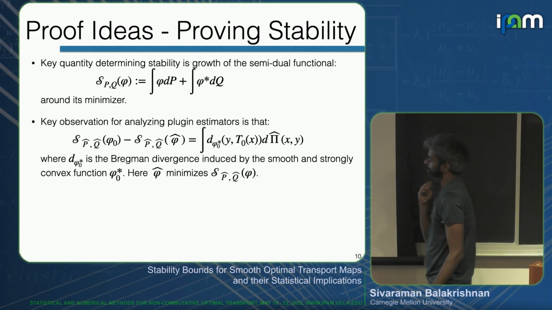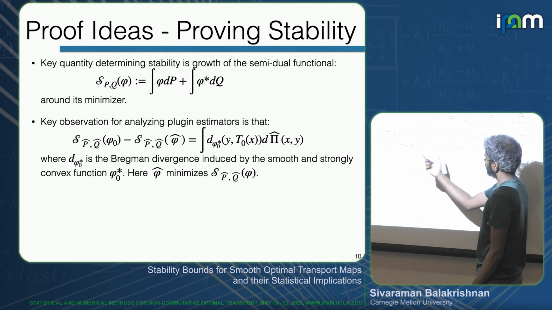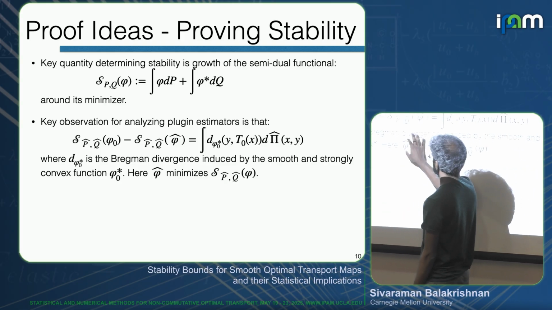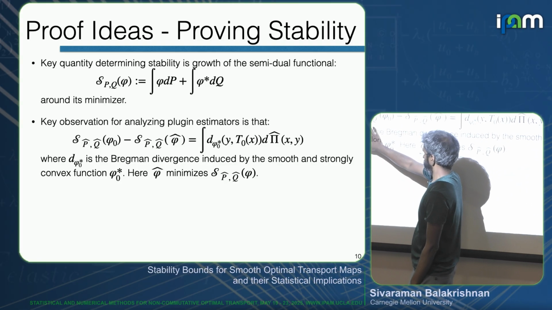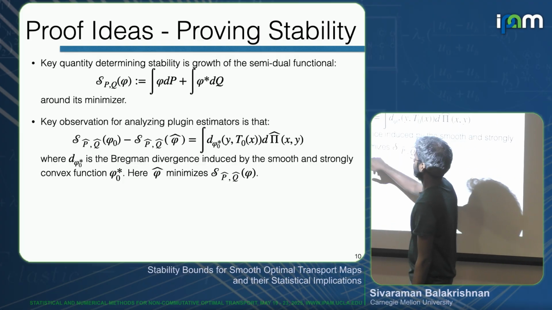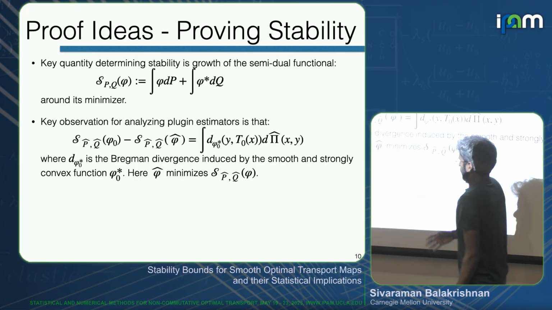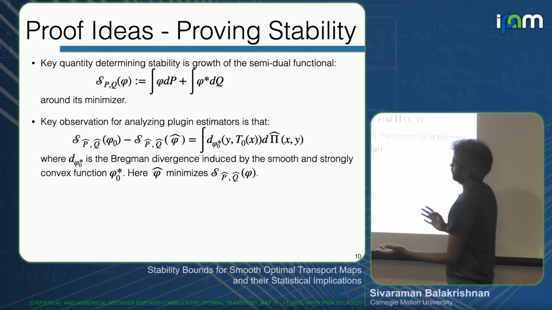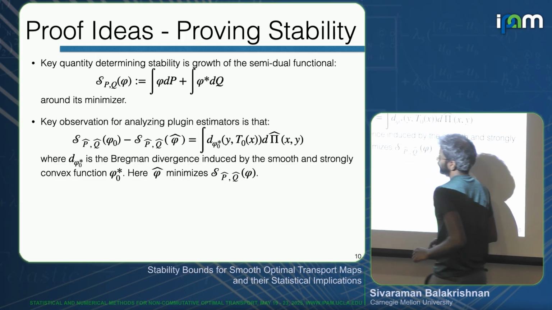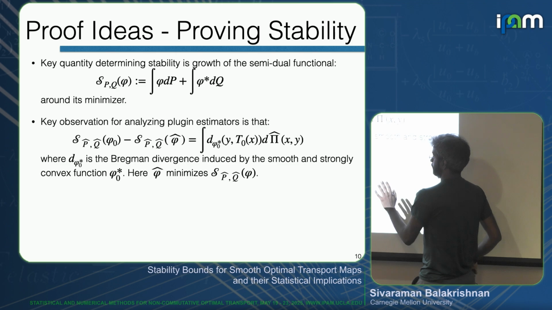So for us, the key thing that will be useful is this other fact: if I look at how this functional grows around its minimizer, it has an exact expression. If I look at the semidual with p hat, q hat at the true Brenier potential phi 0 versus p hat, q hat at the minimizer, which is phi hat, and look at its growth, it'll turn out that this has an expression which is exactly a Bregman divergence.